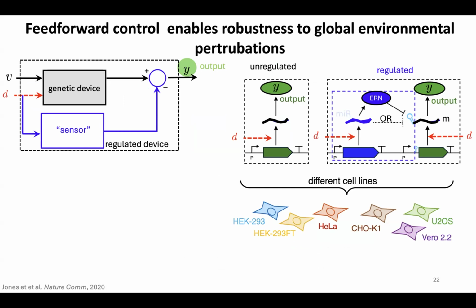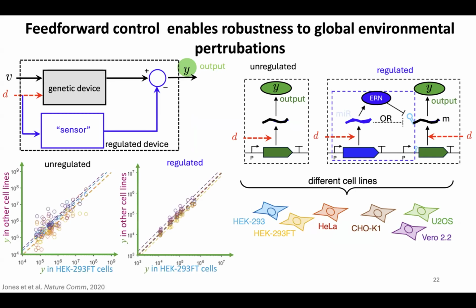So for our reprogramming application, something that was particularly interesting was to check if this feed-forward architecture could actually keep consistent gene expression level across different cell types. And so what we did, we then transfected the circuit, either regulated or unregulated, to different cell types. And what we saw in this plot is that in the unregulated system, as you can see here, there was quite a bit of difference in the expression level of your output across different cell types.